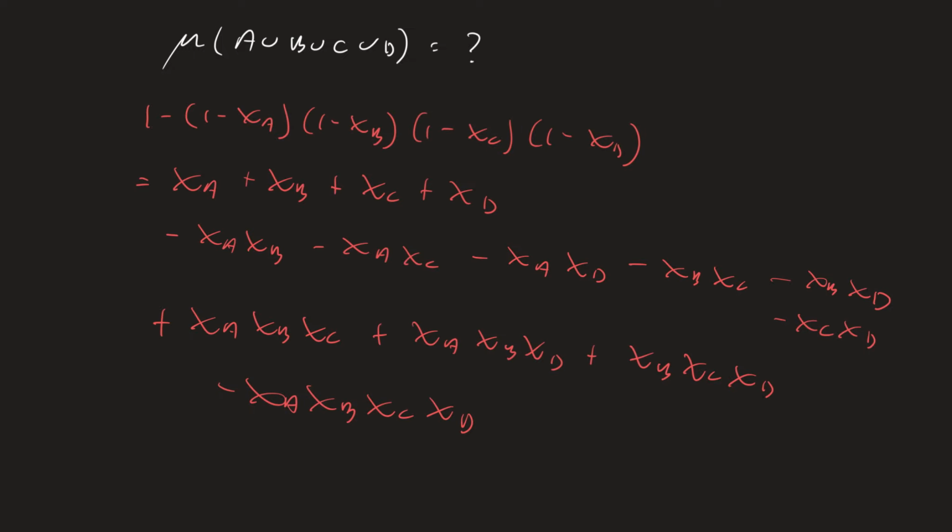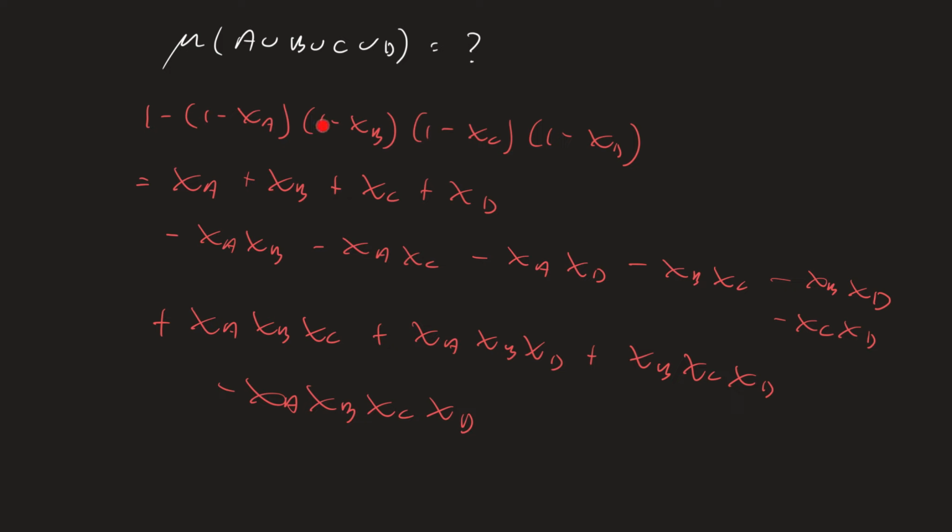Just like before, we can show that the characteristic function of A and B and C and D is 1 minus the characteristic function of A times 1 minus the characteristic function of B, etc. And if we expand this out just like before, then 1 times 1 times 1 times 1 cancels with the leading 1.